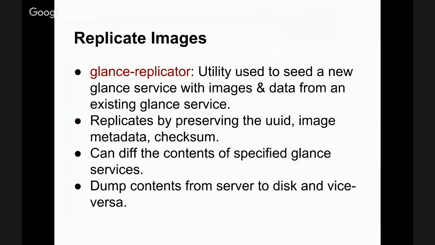It also provides some utilities to diff the contents between two different Glance services, or dump the contents from a server to a disk and vice versa. It's a cool thing because this way you can preserve the UUID and image metadata across different data centers, so that all your Heat templates and other things which have the image UUID embedded into the templates could keep using the same, and there's no need to rewrite those Heat templates.